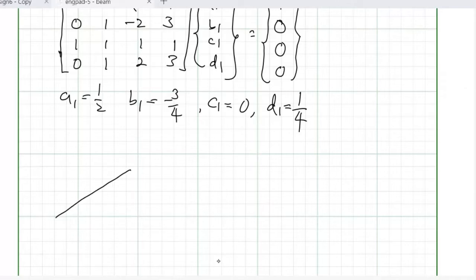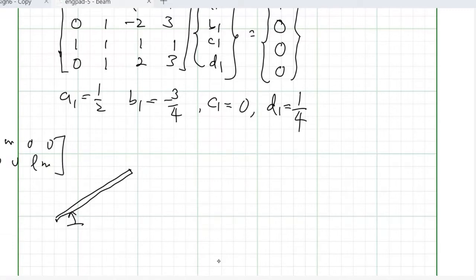For the frame element, note that it is tilted at an angle. So when you have an inclined angle, it means there's a transformation matrix involved. Remember, for our truss element, we have Lm 0 0 0 0 Lm.